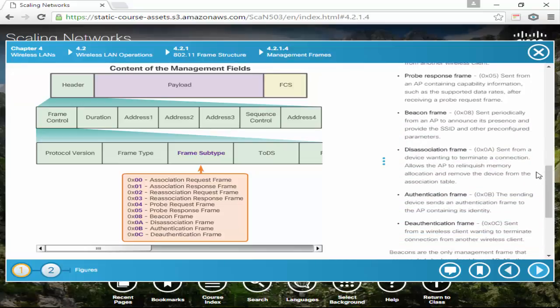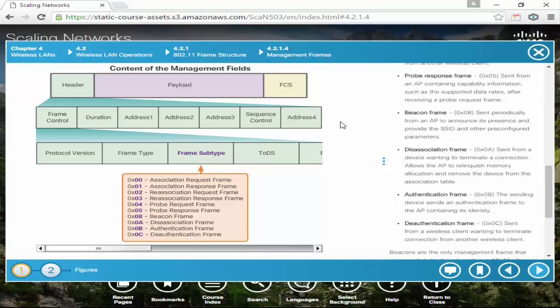Probe response. Sent from an AP containing capability information such as supported data rates after receiving a probe request frame. Beacon. Sent periodically from an AP to announce its presence and provide the SSID and other pre-configured parameters. So beacons are coming from APs all the time. Disassociation frame.